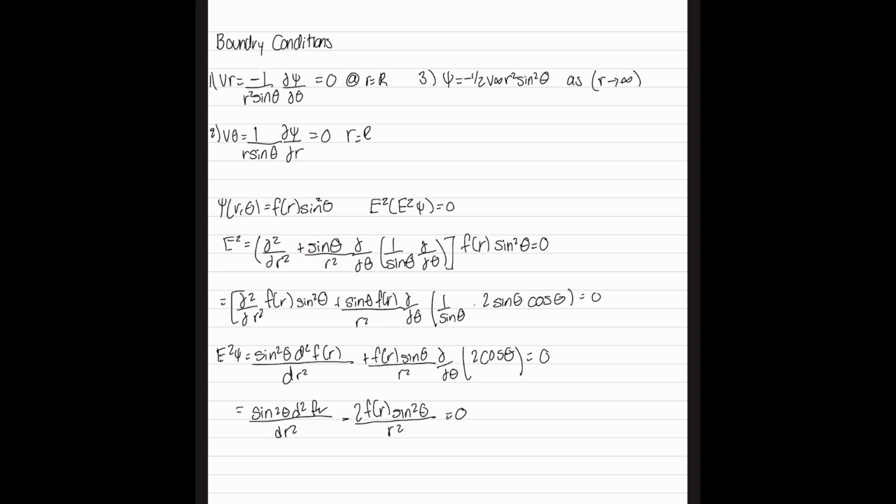And now we can factor out the sine squared of theta to get the first part of the equation. But we have to remember that this is only E squared times psi, so we have to multiply what we have just gotten by E squared to get E^4 psi. And here are some of the steps for that.